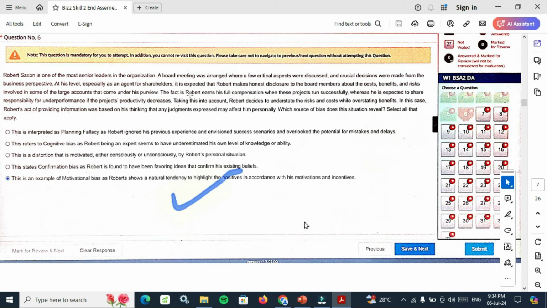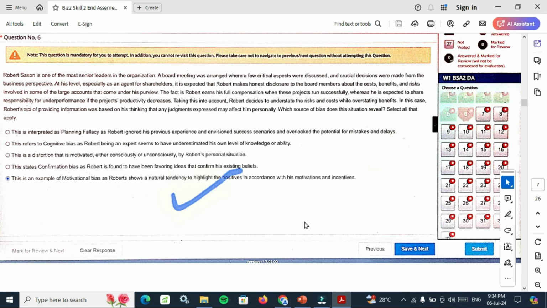The fact is, Robert earns his full compensation when this project runs successfully, whereas he is expected to share responsibility for underperformance if the project's productivity decreases. Taking this into account, Robert decides to understate the risks and costs while overstating benefits.